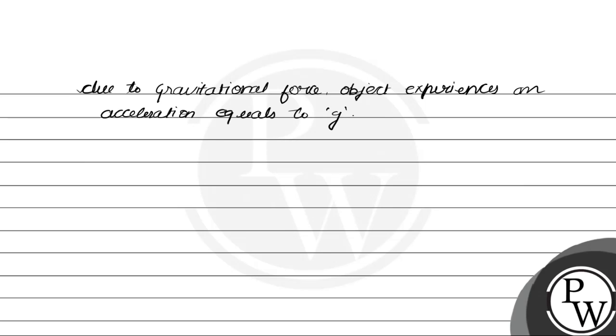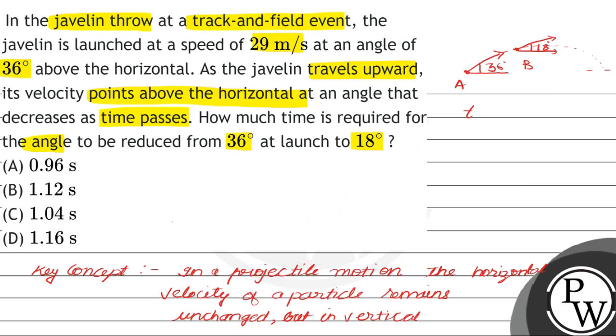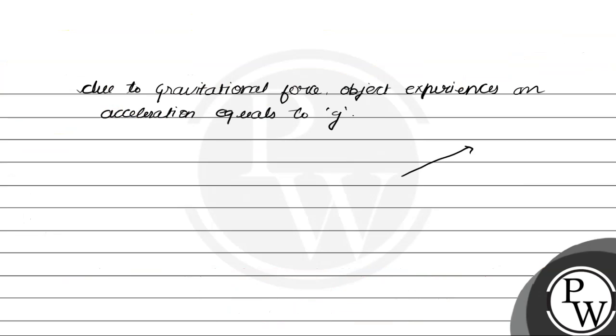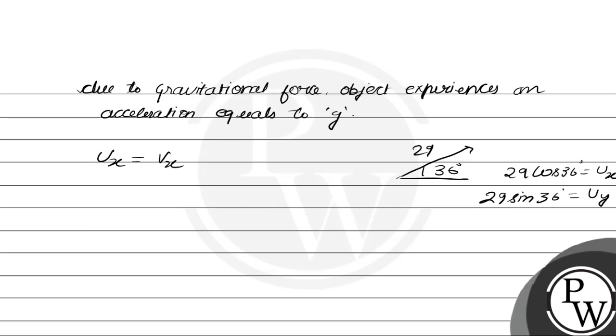So students, from key concept we can write the initial velocity as 29 meter per second, and horizontal component will be 29 cos 36. This is ux, and initial velocity in y direction we can write as 29 sine 36 degree. From here we can write initial velocity in x direction equals final velocity in x direction.